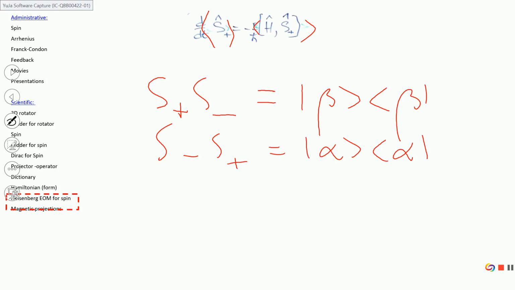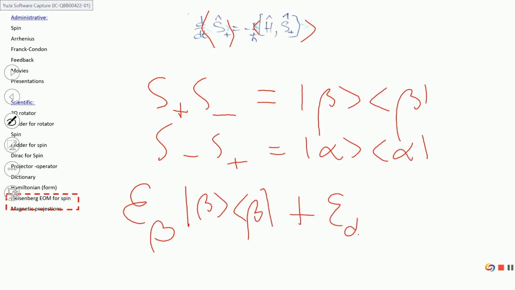If we add them together, the energy of state beta times beta beta plus the energy of state alpha times alpha alpha will be the Hamiltonian.